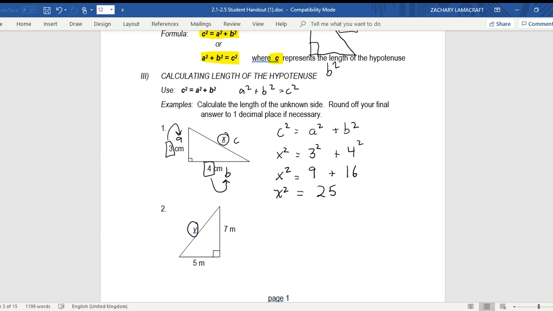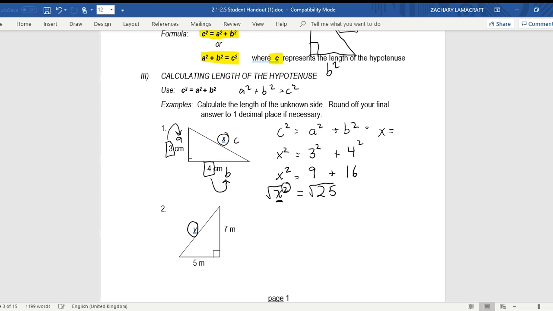Now, you might be wondering, well, how do we find out x or what x is? Well, in the last lesson, we learned about powers and square roots. So the way we can get the base of something to the power of 2 or get rid of that is by doing a square root. So the square root of 25 is going to give us our answer to x.